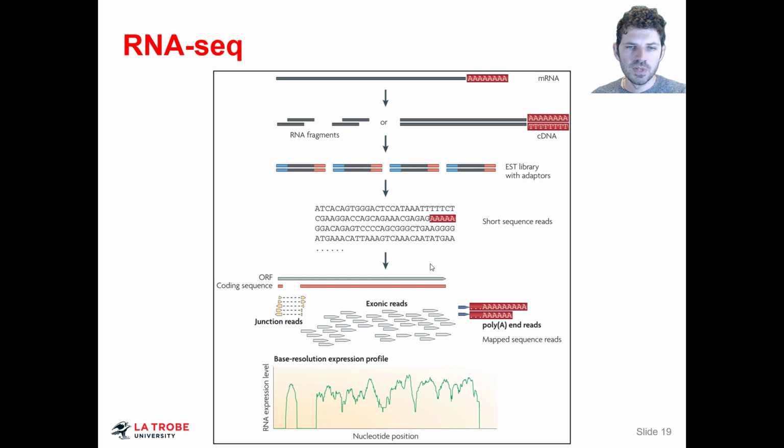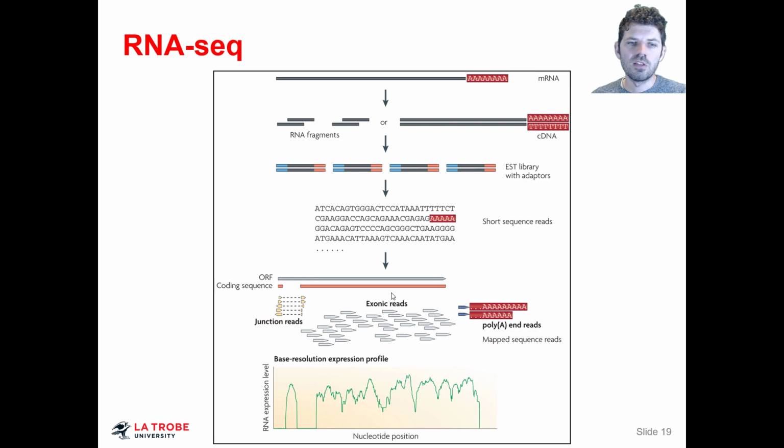Then you've got your reads. You map your reads back to your reference genome, so basically the sample that you obtained the RNA from in the first place, and then have a look at the relative expression level at that part of the genome based on how many reads map to it.